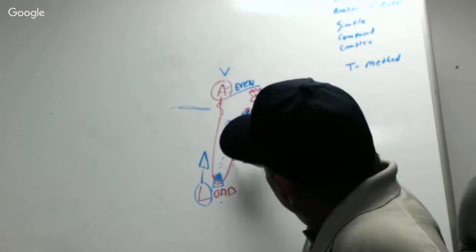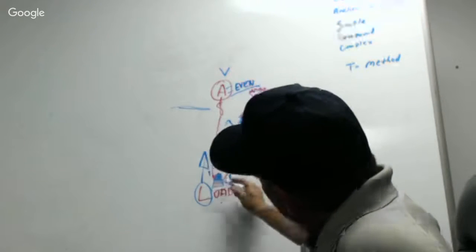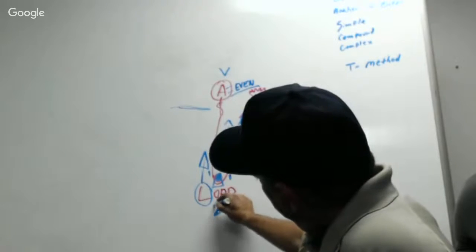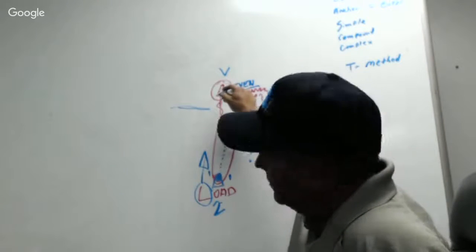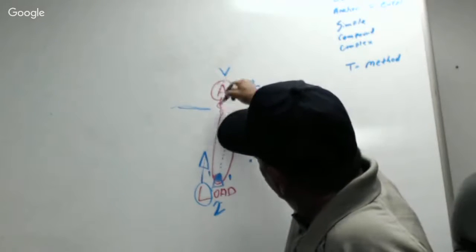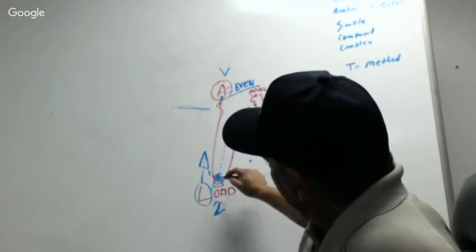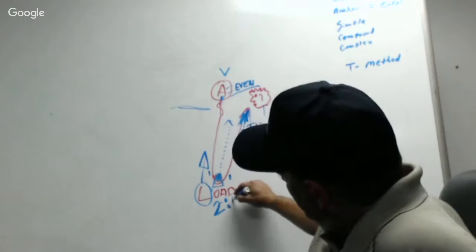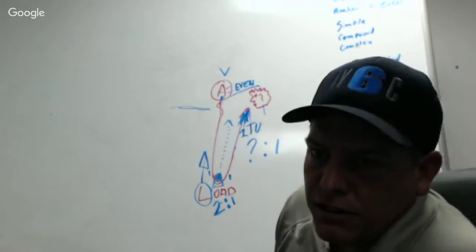As he pulls, we have 1 in, we have 1 out, which means the load is carrying 2. You follow the 1 up to the end, and then you have 1 into the anchor, which doesn't really matter. So with this 2 here, you know that you have a 2-to-1 mechanical advantage.